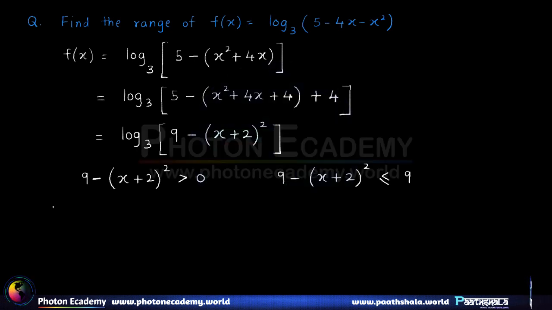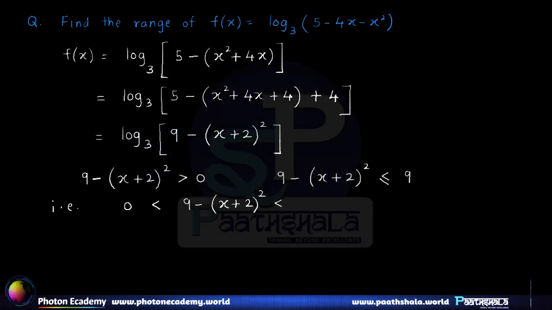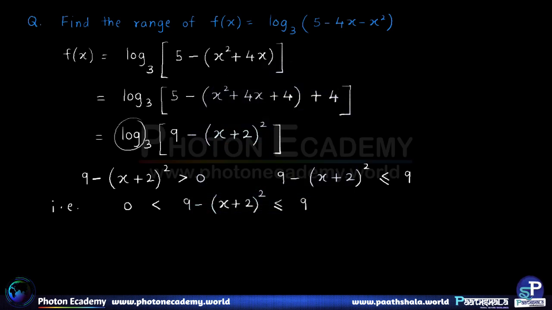So in other words, if we want to club, we can write that 0 less than 9 minus x plus 2 the whole square less than or equal to 9. So now the final step is to take the log, because we have the logarithmic term present in the function. If we take the log, you know that theoretically log 0 will approach minus infinity.